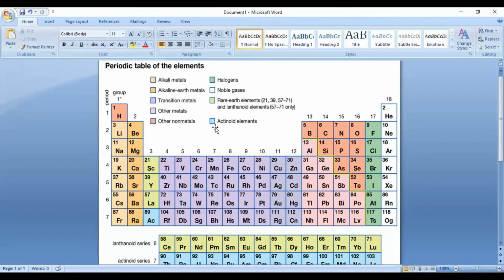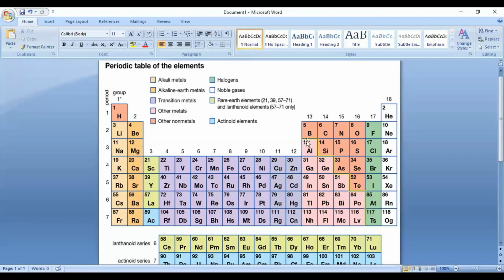Boron is in the other non-metals, which we are going to discuss after these other metals. So there are aluminium, gallium, indium, thallium. If we are focusing on them, we name it the boron family. This is all called the boron family.